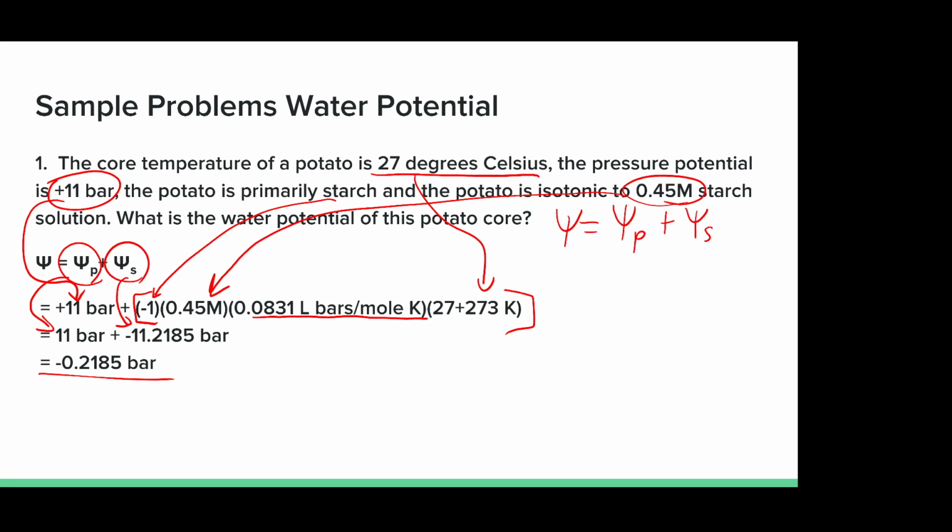I think we don't need to worry about significant figures here. So that's how you would calculate the water potential. In general, the only thing that's hard about this is really more algebra than anything else, in that you have to make sure that you plug in the appropriate things where. But certainly this is fair game for the AP exam.